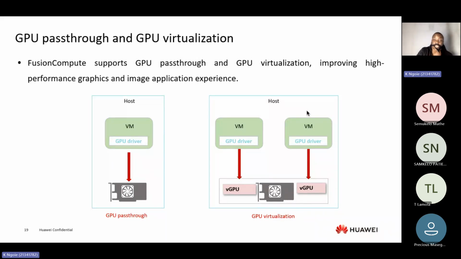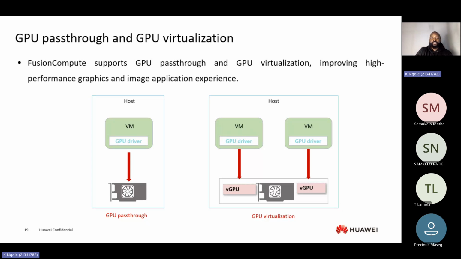Now each VM will receive a vGPU instance, right? Each VM will use a certain instance. For example, a certain VM requires 2D graphic acceleration, and another requires 3D graphics rendering or something like that.